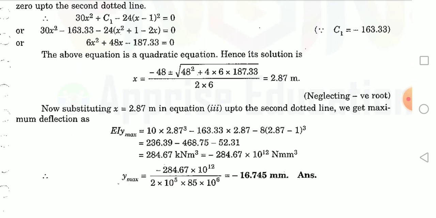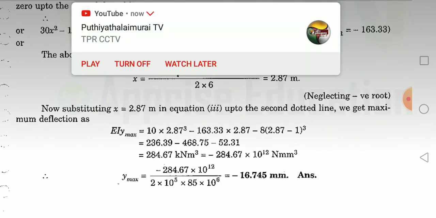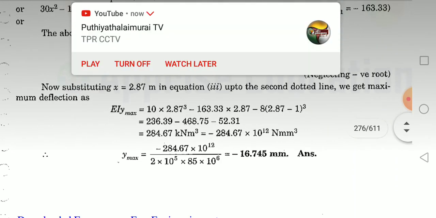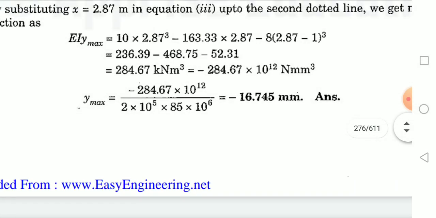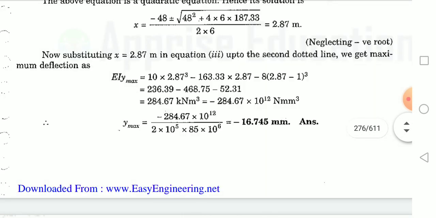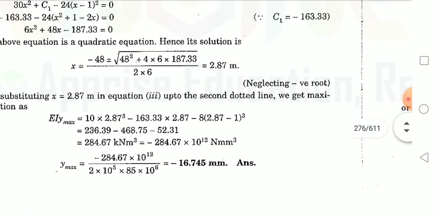Then you know the values of E and I. Then Y max equal to minus 284.67 into 10 power 12 divided by 2 into 10 power 5 into 85 into 10 power 6. Then we get Y max, that is the maximum deflection, equal to minus 16.745 mm.